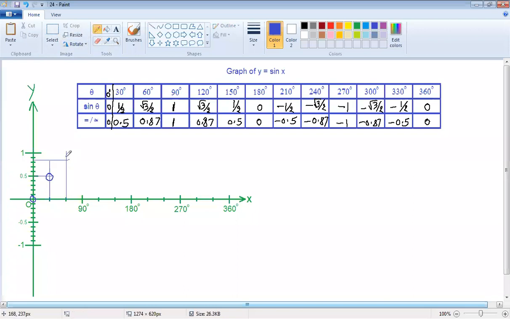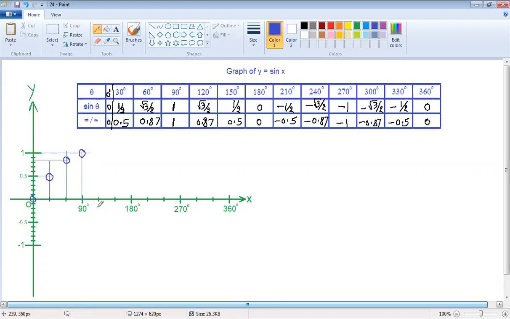So this is that point, giving the value of sine of 60-degree, and sine of 90 is exactly 1. So sine of 90 is exactly 1. So here, this point.